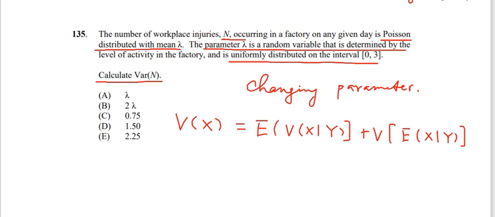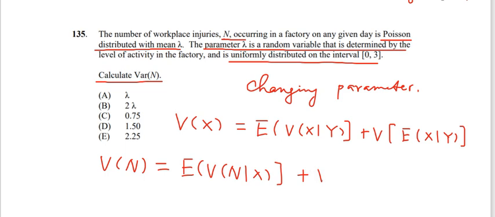Okay, so V n, we put it together. V n equals E of V n when lambda fixed, where lambda is just y, the lambda can change, plus V of E of n given this lambda.